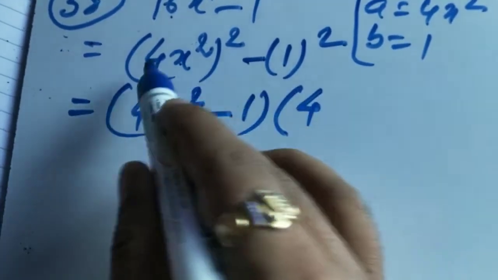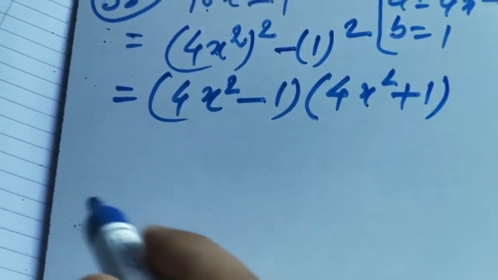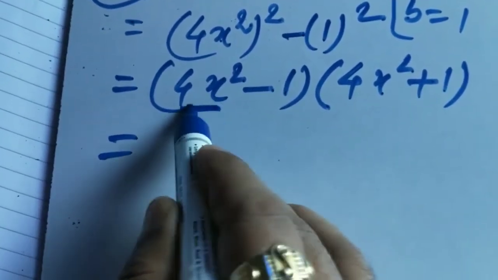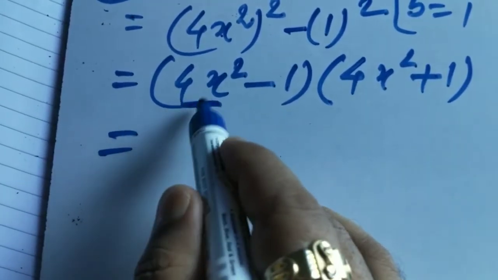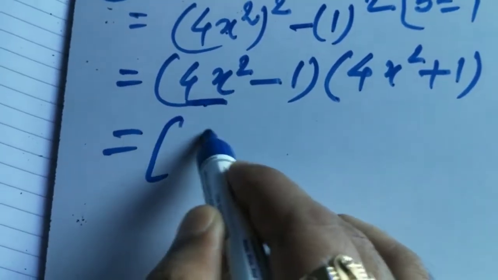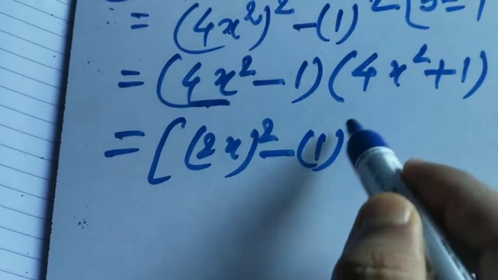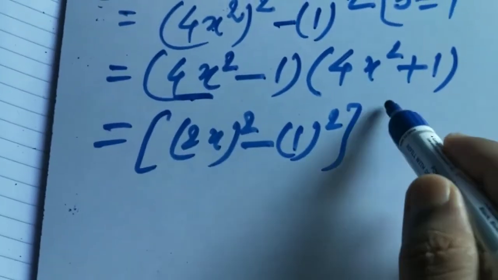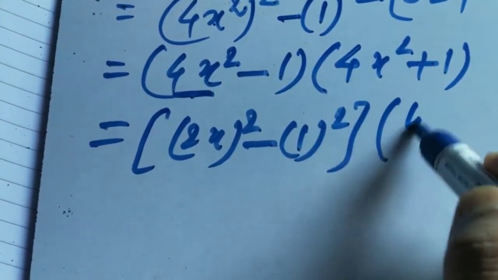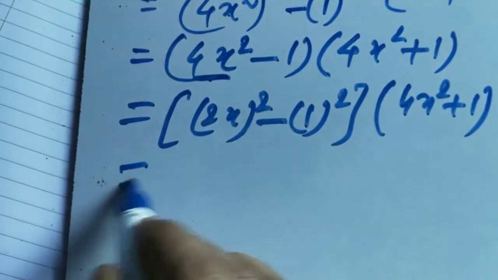Then at the place of a you have to write 4x square, and at the place of b you have to write plus 1. Now you can see this is also the perfect square. 4 is the square of 2 and x square is the square of x. So it can be written as 2x the whole square, and 1 can be written as 1 square. And there is plus sign, so it can't be factorized, so it will remain the same. 4x square plus 1 will remain the same.